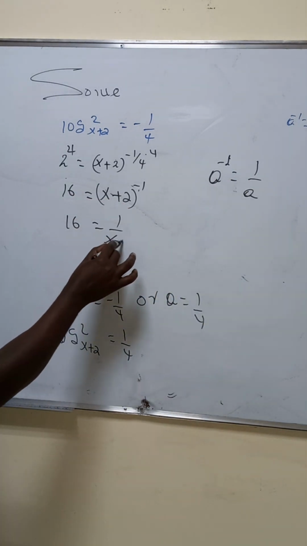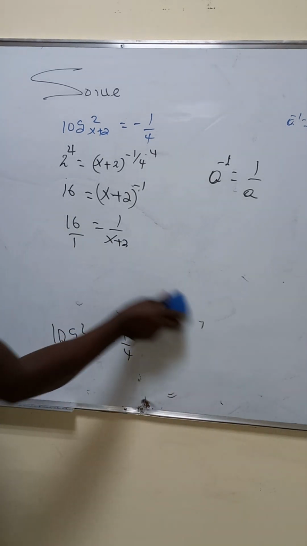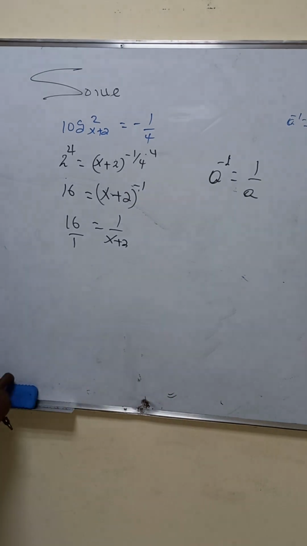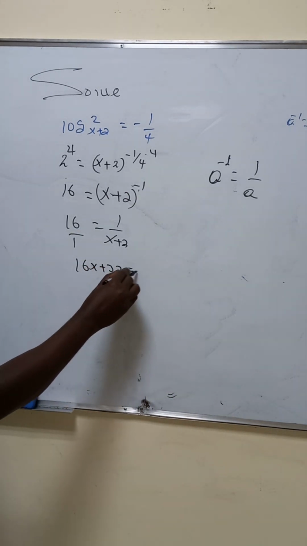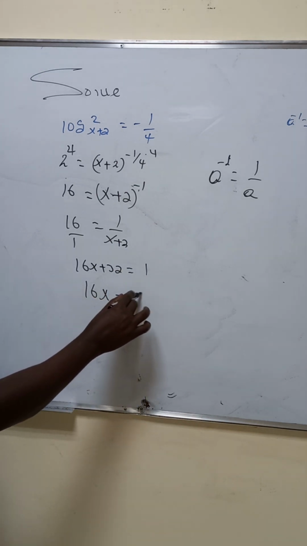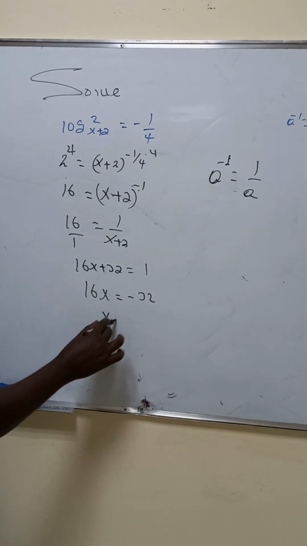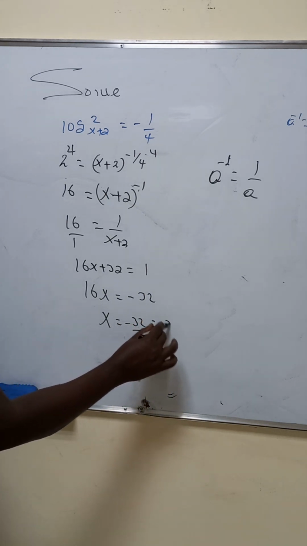Now this means 16 is equal to 1 over x plus 2. When we cross multiply, 16x plus 32 is going to be 1, so 16x will be negative 32, and x will be negative 32 over 16, which is minus 2.